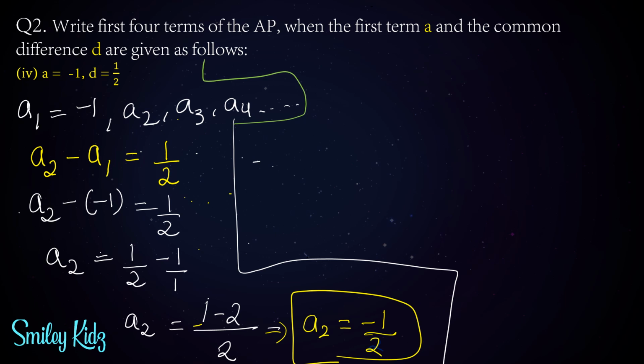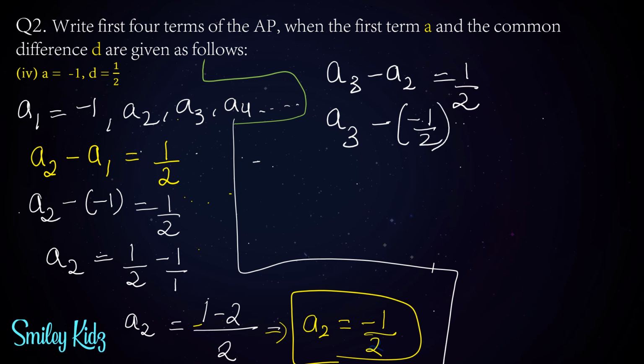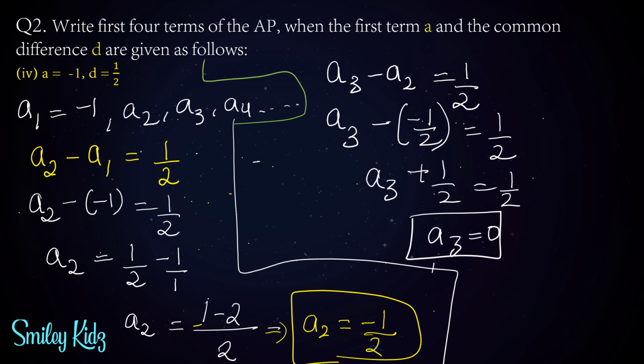Now moving forward, A3 minus A2 is equal to 1 by 2. The value of A3 is unknown to us, but A2 is minus 1 by 2. Now A3 plus 1 by 2 equals 1 by 2 and A3 turns out to be 0, isn't it? The value of A3 is 0.